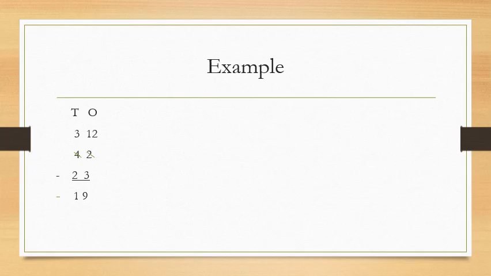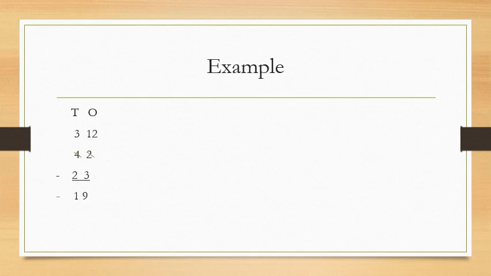2 minus 3. Children, as 3 is greater than 2, so we can't subtract 3 from 2. So in this case, we borrow one value from tens.